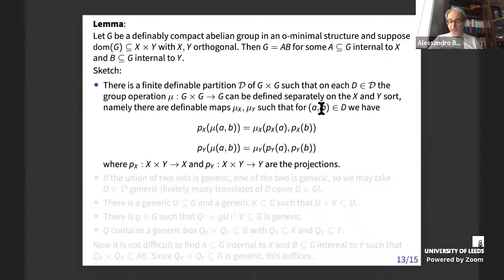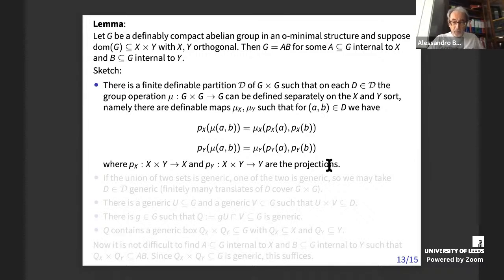This is just a simple consequence of orthogonality. Namely, there are definable maps, m_x and m_y, such that for each (a, b) in a given piece of the partition, the x coordinate of the product is an operation depending only on the x coordinates of the factors a and b, and similarly for the y coordinate. So you just use the definability of the operation, not the fact that it's a group operation.